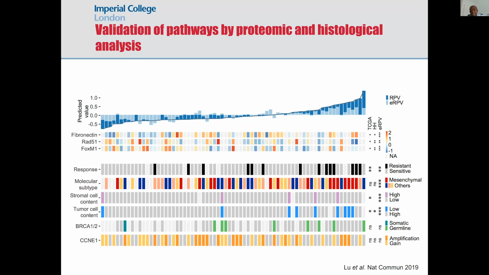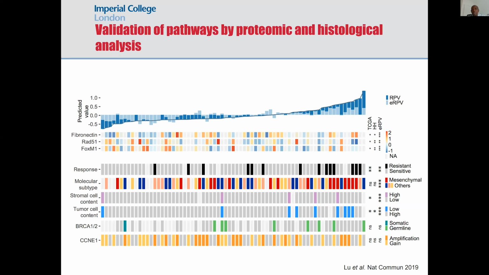But interestingly, they did not overlap with cyclin E amplification and BRCA mutation. And this is surprising because ovarian cancer harbors a lot of cyclin E amplification, which is related to outcome. But what we realized by delving a bit into the data was that these were non-overlapping phenotypes.